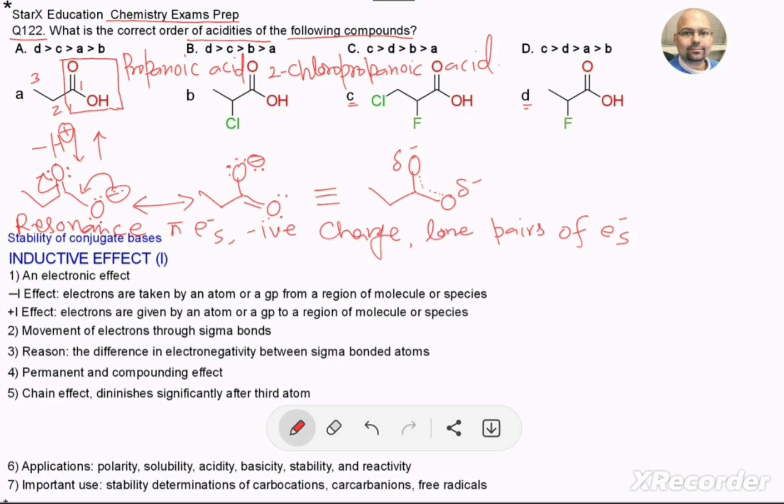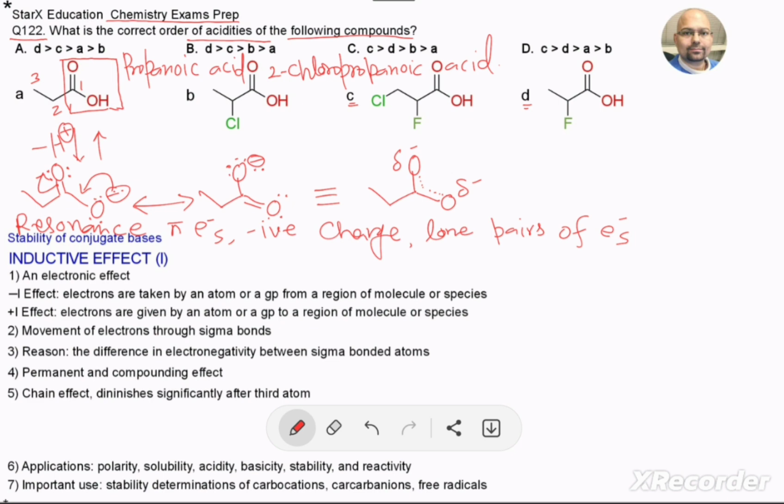So the purpose of drawing this resonance hybrid is to show how negative charge is distributed over the entire molecule, which means the negative charge is now on both oxygens partially. This resonance is what makes the carboxylate ion more stable, because the negative charge is being dispersed here.